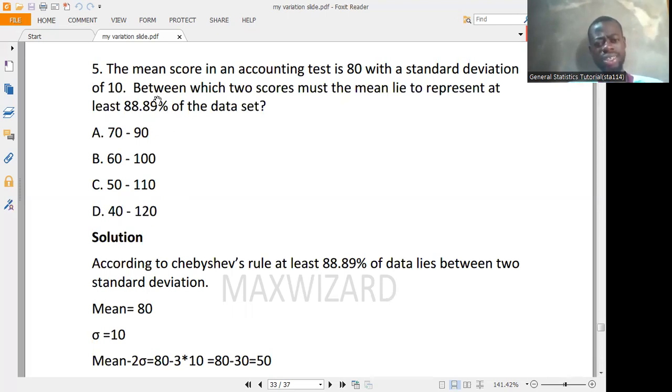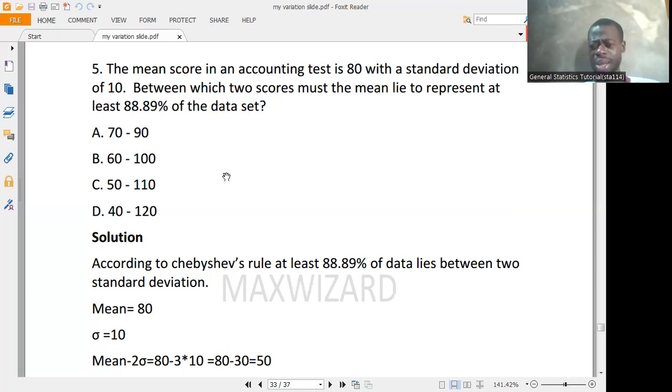Now let's see. This 88.89 does not correspond with empirical rules. That's another thing. Because in fact, all those percentages you can have in empirical rules, you already know them. You can have 68, 34, you can have 95, you can have 99.7. Those are the percentages that you are likely to see when you are dealing with empirical rules.